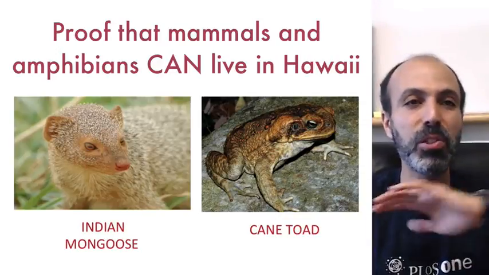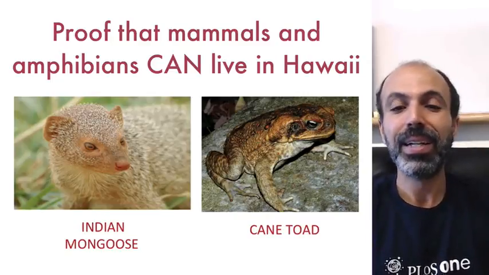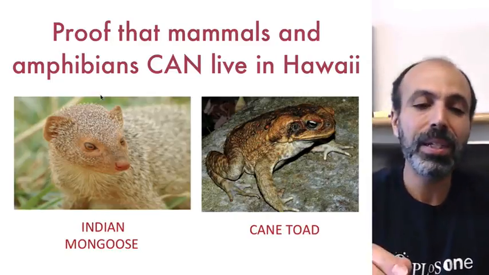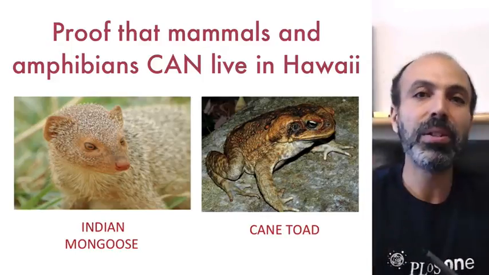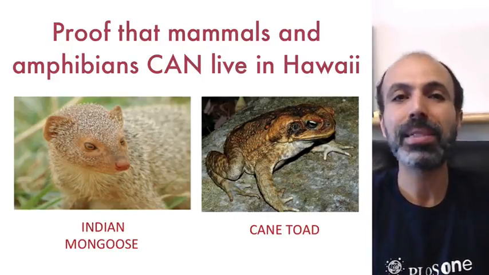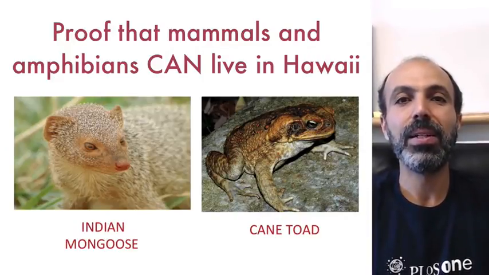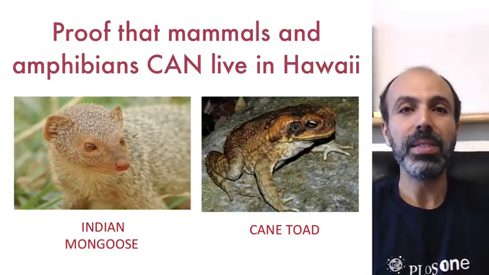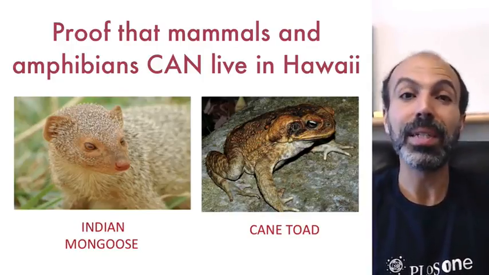It's destroyed tons of the native fauna that are present on these islands. So clearly it's okay. The Indian mongoose shows an example of a mammal that was introduced to Hawaii, and again, killed off a lot of the native fauna, and it's a big pest species there. But they can live on these oceanic islands. So we hypothesize that the reason that they're not found on these islands is because they couldn't get there.